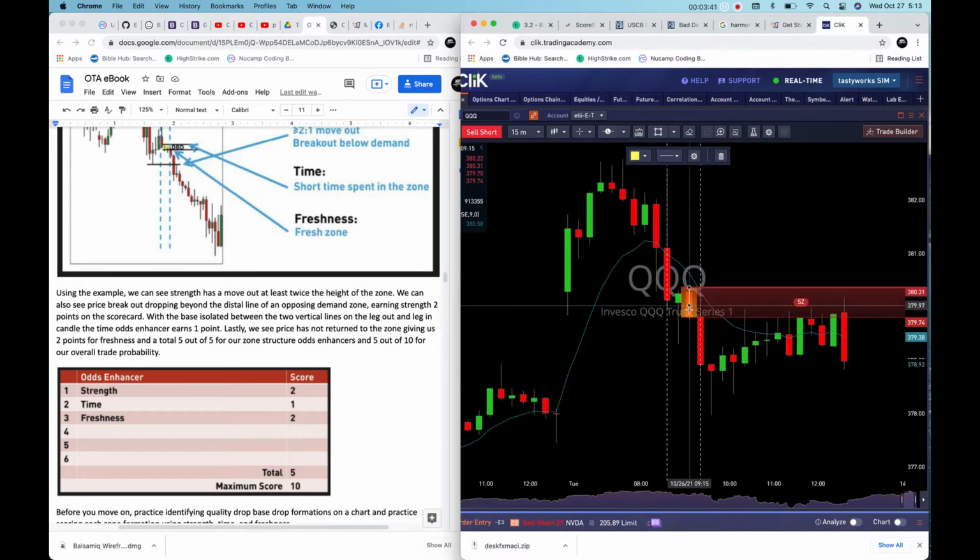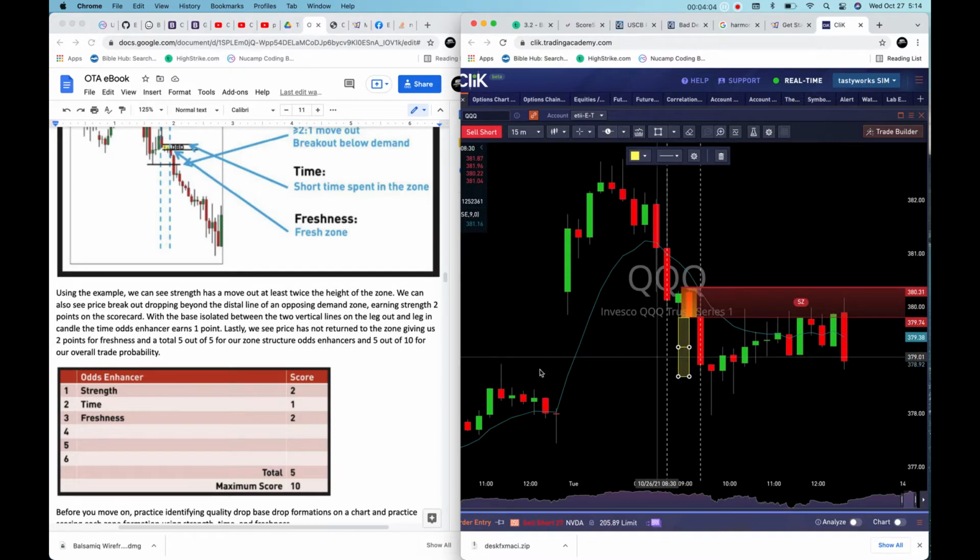With strength, we can go ahead and draw out our rectangles and place them next to one another to get an idea if price moves out equal to or greater than 2 to 1. And in this particular case, it does not. Okay, so for strength, price would get 0 points for move out.